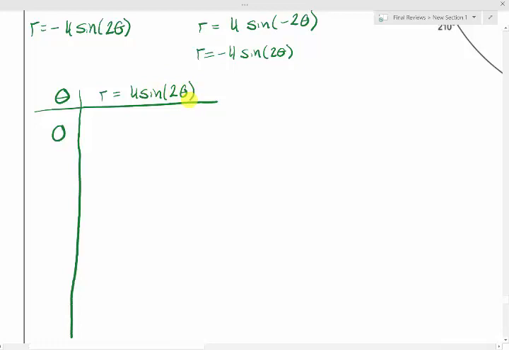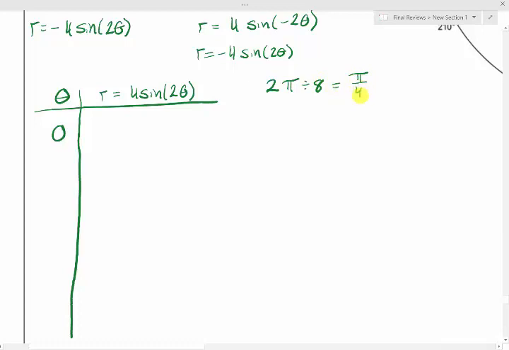And then I'm going to get 8 other points. The difference between 0 and 2 pi is 2 pi, so I'm going to divide 2 pi into 8 even pieces to make my life a little bit easier. This is going to give me pi over 4.